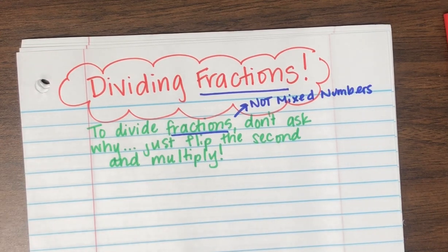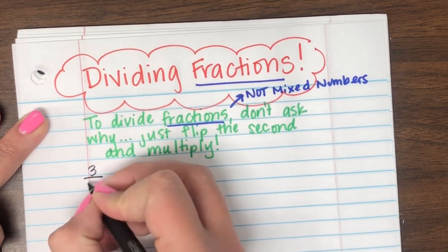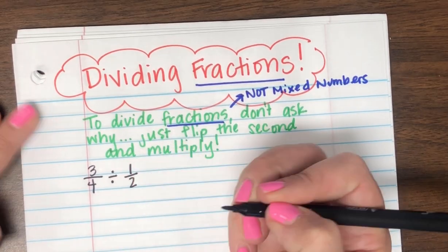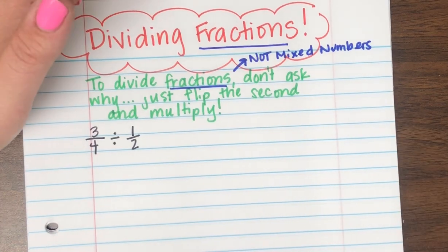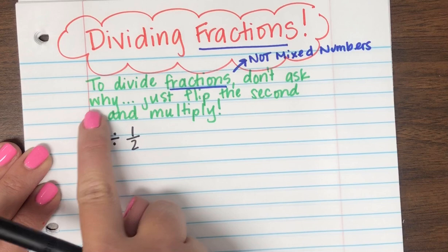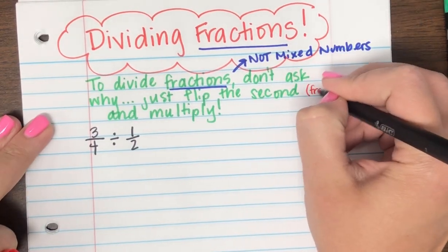So let's just start with our first example. Our first example is 3/4 divided by 1/2. 3/4 divided by 1/2. So let's talk about what that looks like in terms of this rhyme. To divide fractions, don't ask why, just flip the second. That means the second fraction.